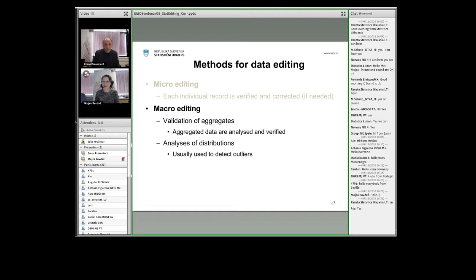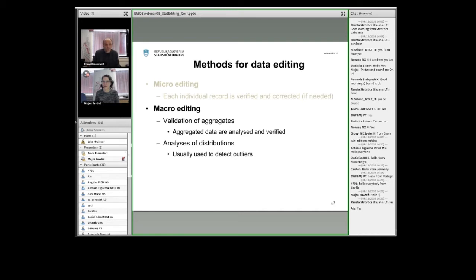Macroediting means that you don't look at just one individual record, but at more units or even aggregates at the same time. Macro editing can be divided roughly into two groups. One is validation of aggregates. It means the aggregated data, your statistical results, are analyzed and verified.